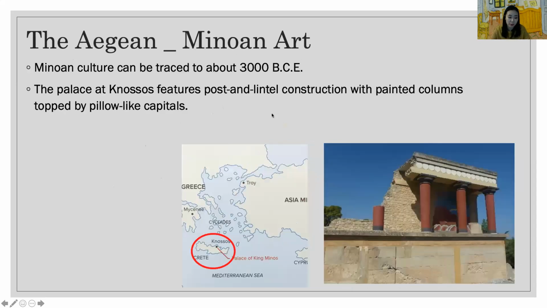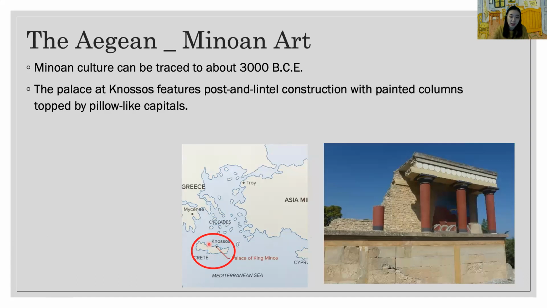And the Minoan art. The Minoan culture is based on the island of Crete. This is it, at the southern end of the Aegean Sea. So centered on the great city of Knossos, Minoan culture can be traced to about 3000 BCE.